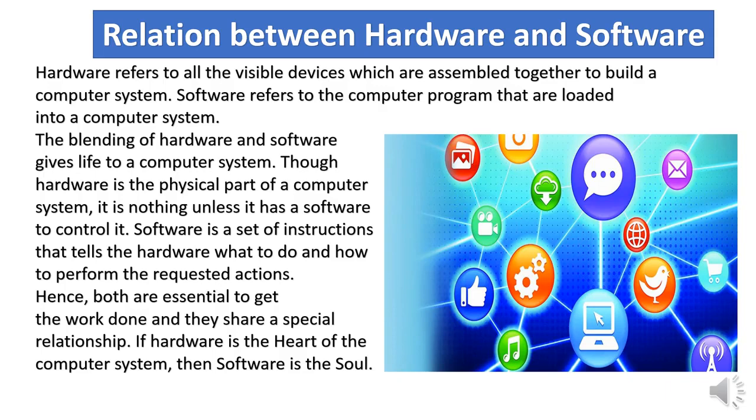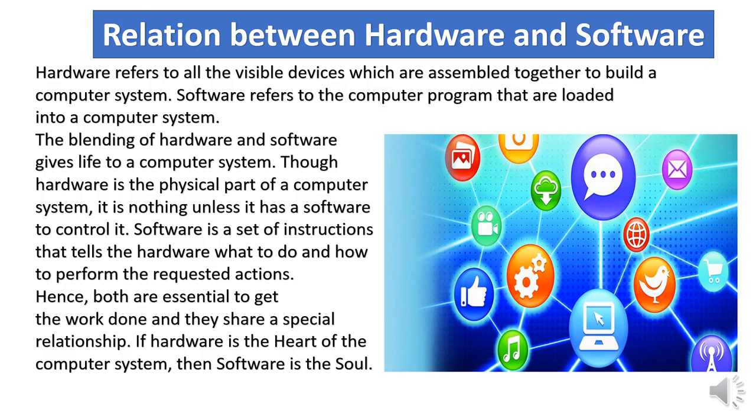Software refers to the computer programs that are loaded into the computer system. The blending of hardware and software gives life to a computer system. That means in a hardware, if the software is installed, the hardware has become alive to give its performance. Though hardware is the physical part of the computer system, it is nothing unless it has a software to control it.